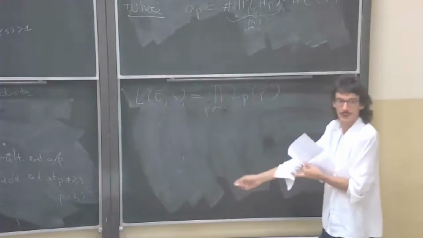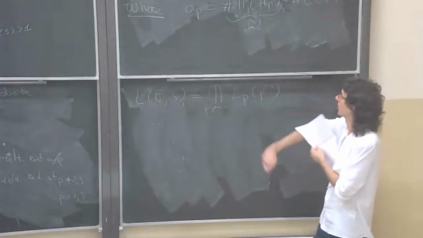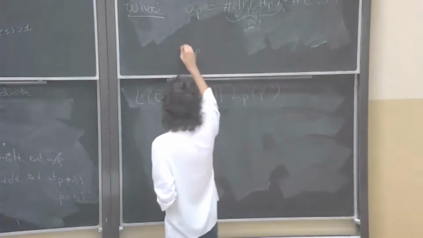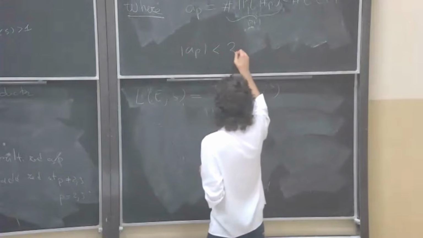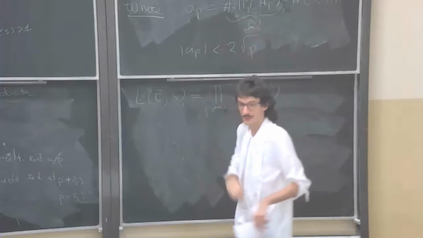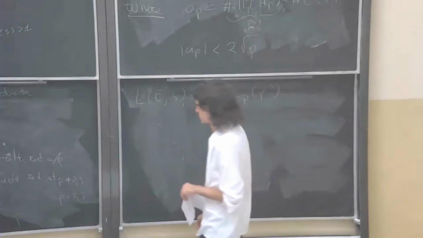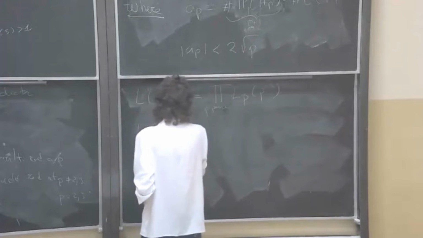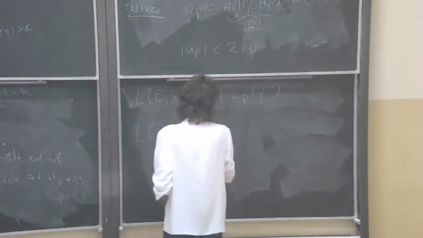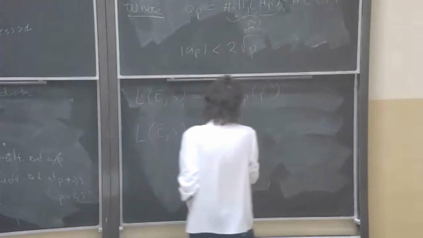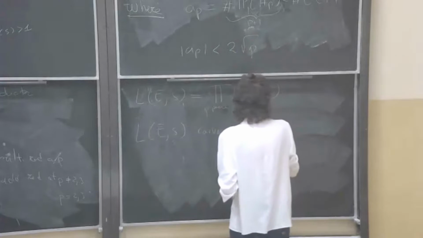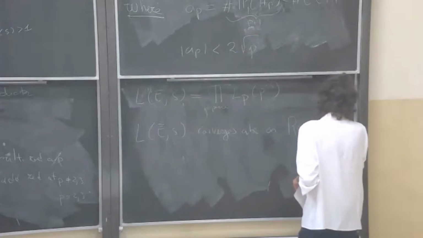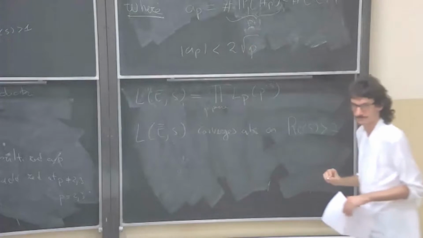Now, there is an actual bound on this quantity AP called the Hasse bound: the absolute value of AP is always smaller than 2 times the square root of P. And this allows you to prove that L of E, S converges absolutely on real part of S bigger than 3/2.